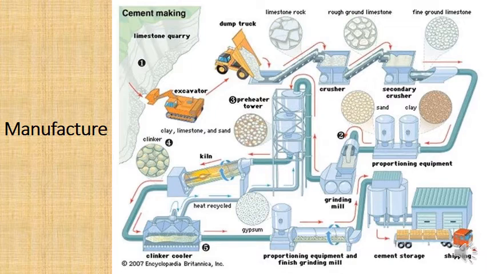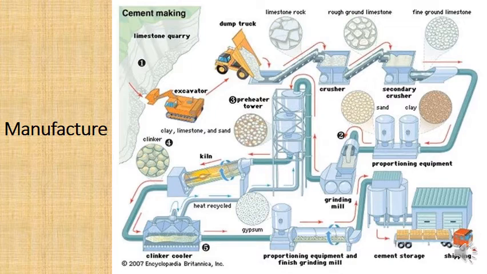Now they will dump that limestone into a crusher, and you can see there in the top line it's going through two different crushers. It's crushing up the limestone into a very fine powder, and then it's going to a mixer which mixes the limestone with clay and or sand.